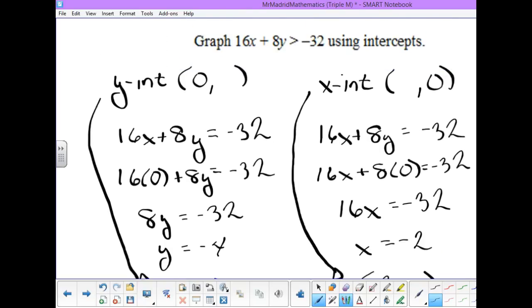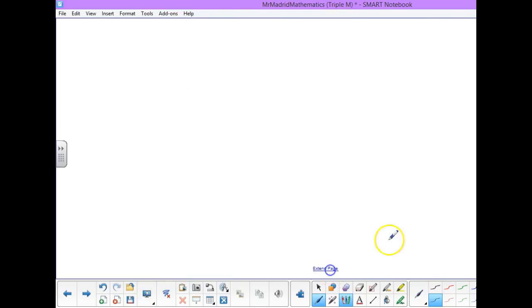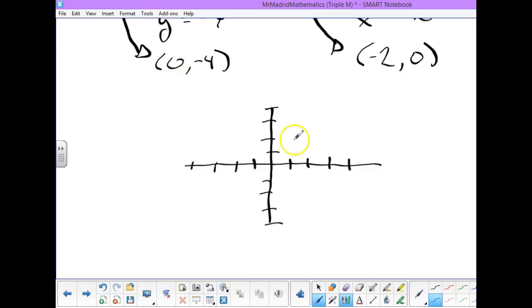So now that I have these two, again, the instructions were to graph. Let's go ahead and use our intercepts to our advantage. Here's a graph. Get some dashes going here. I'm going to go and plot 0, negative 4. So 0, negative 4, 1, 2, 3, 4.